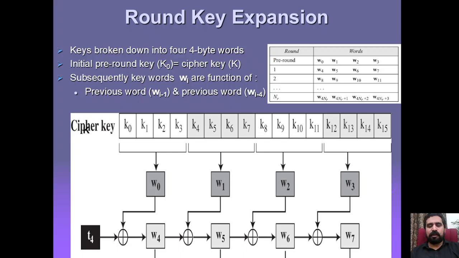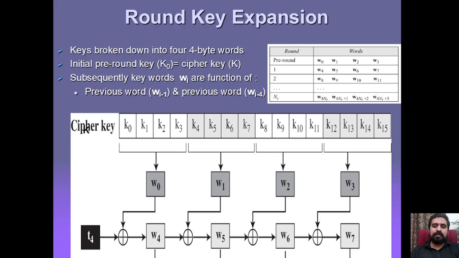Now we will move forward to how the key expansion function works in the AES algorithm. To create a round key for each round, AES uses the key expansion function. If the number of rounds is Nr, the key expansion routine creates Nr plus 1 128-bit round keys from one single 128-bit cipher key.